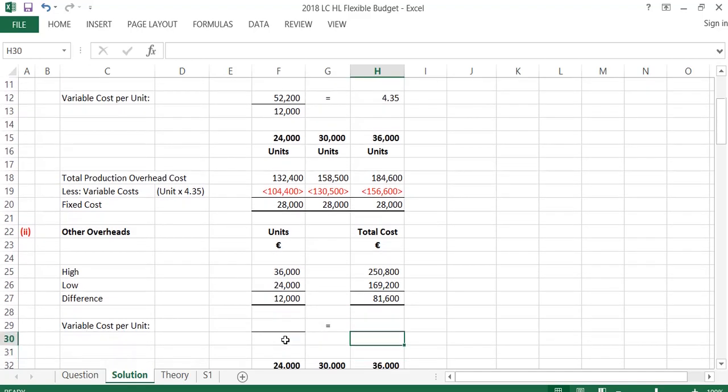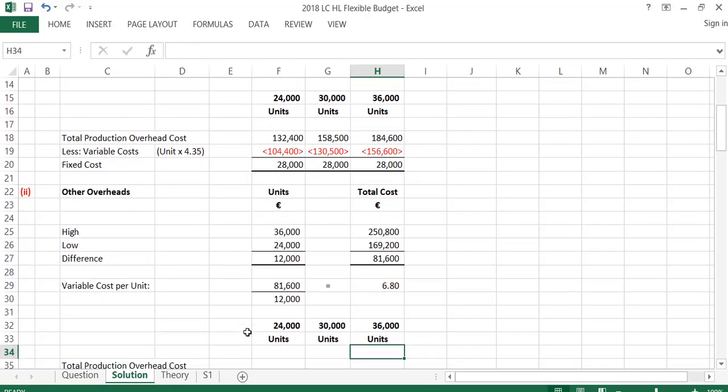To work out the variable cost per unit, I'm going to take the difference in the cost of 81,600 and divide it again by the number of units, which is 12,000. That will give me a variable cost per unit of €6.80.